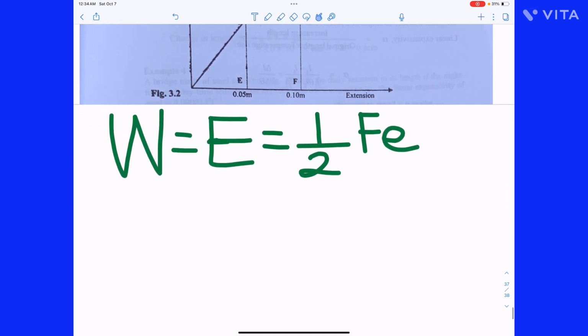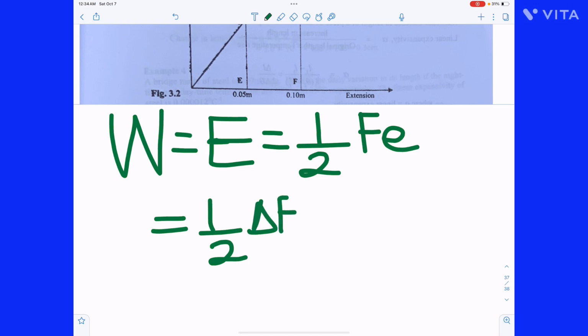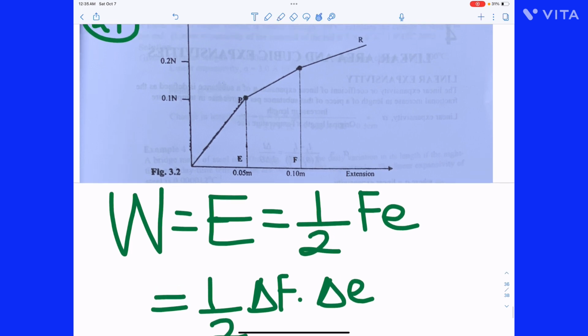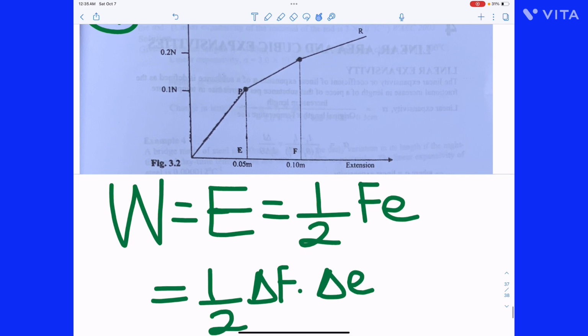So what we will just do is change our F to half delta F times delta E, and change our E also to delta E. That means average change in force applied times change in distance. It means the same thing, because the reason we are using delta or change is that we are going to find the extension as a difference between E and F.